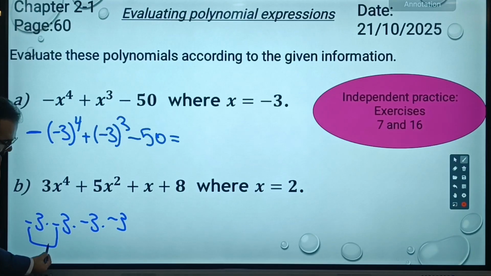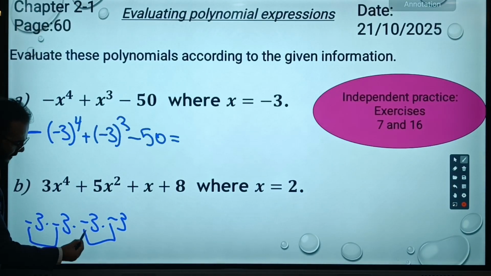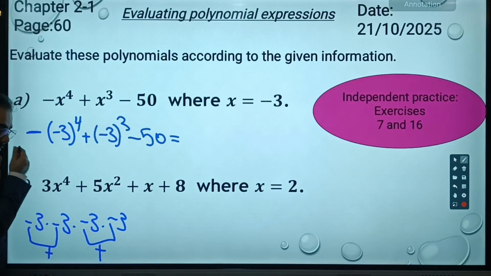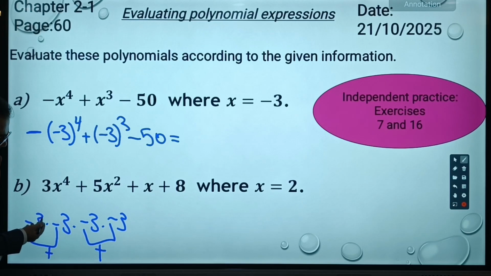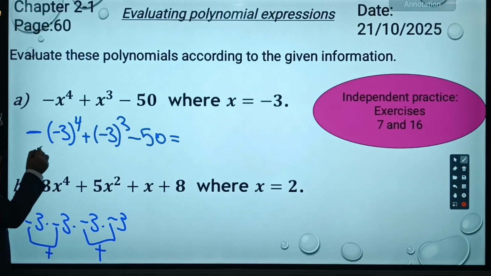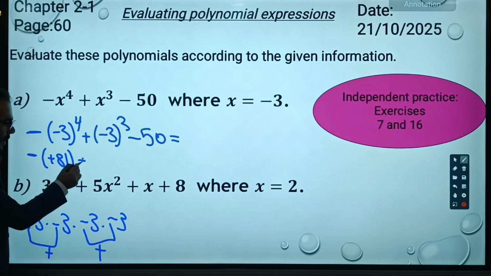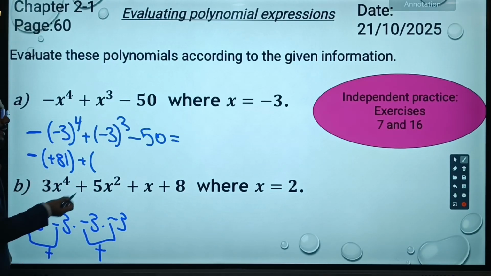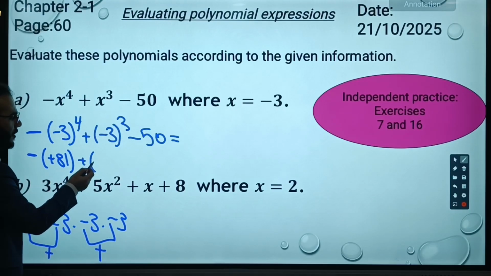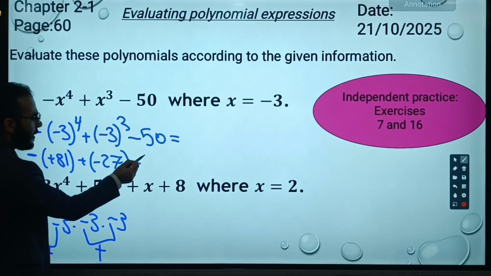Negative times negative, positive. Negative times negative, positive. Positive times positive, positive. And 3 times 3, 9. 3 times 3, 9. 9 times 9, 81. So here you are going to get positive 81 plus negative 3 to the power 3. The power is odd, so the result would be negative, minus 50.